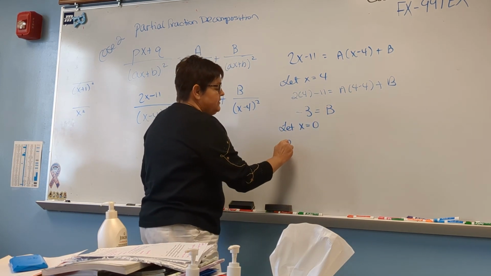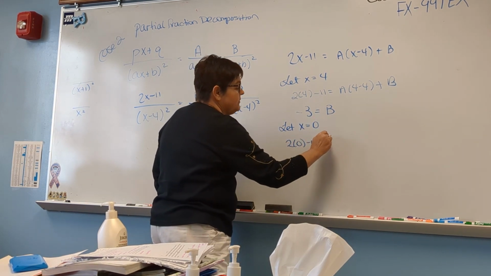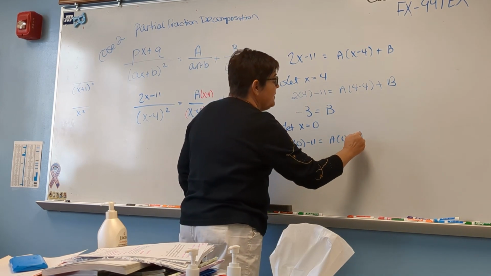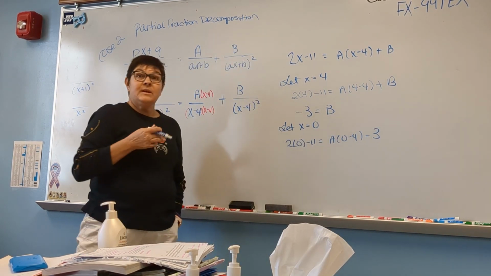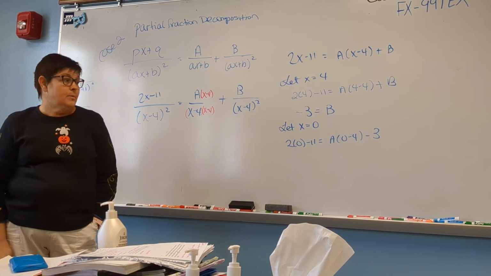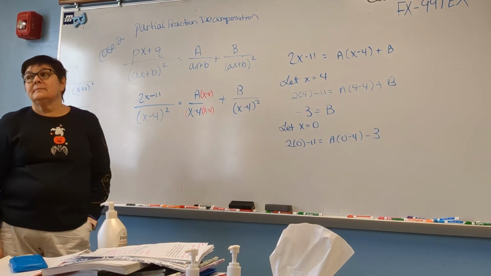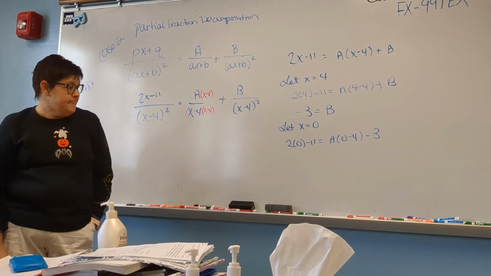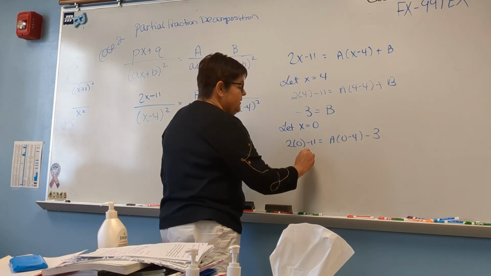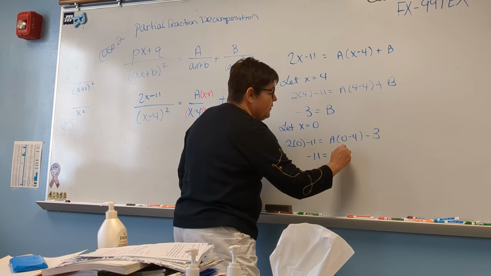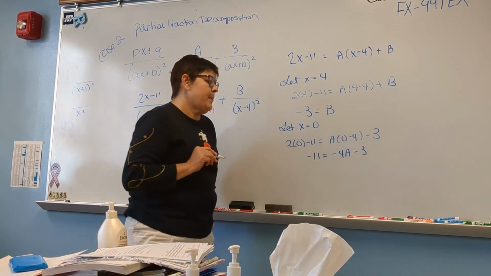And so I would have 2 times 0 minus 11 is equal to A times 0 minus 4 minus 3, because we now know B, that's set in stone. The only unknown I have left is A. So negative 11 equals negative 4A minus 3.